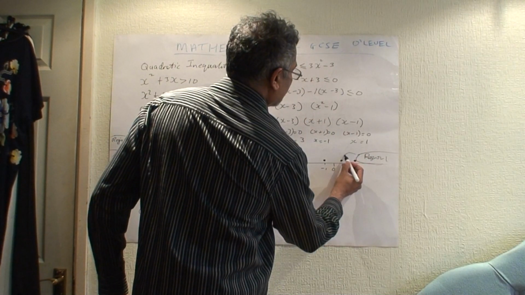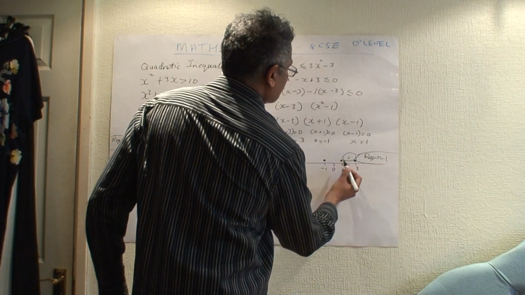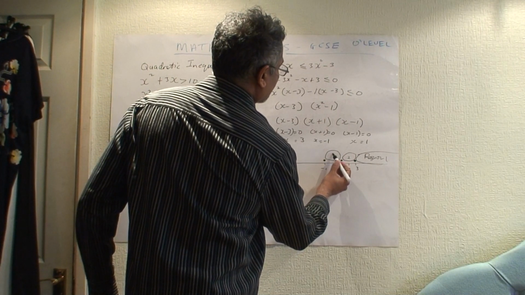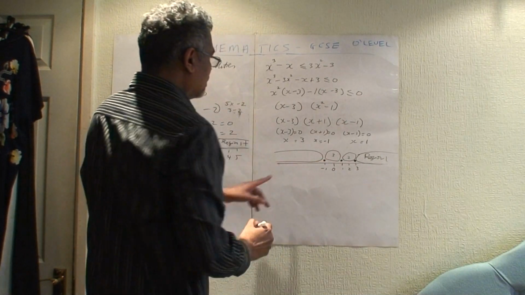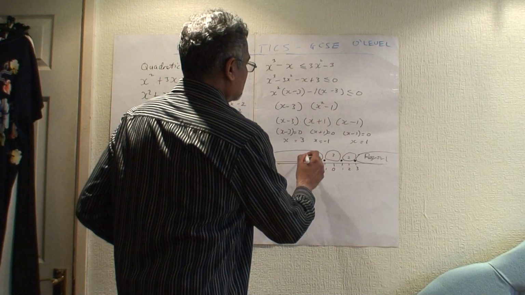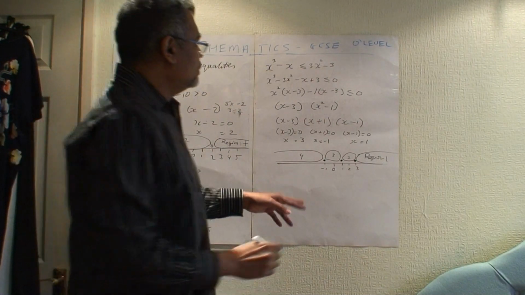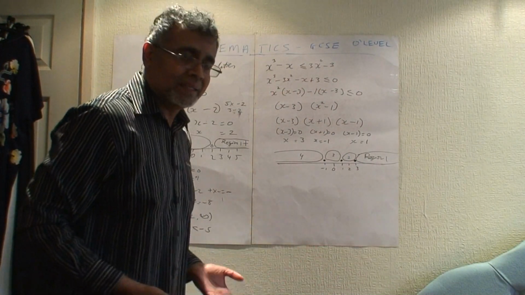This bit here is region 2. This one here is region 3, and this one here, going to infinity, is region 4. Again, we want to know if the regions are positive or negative.